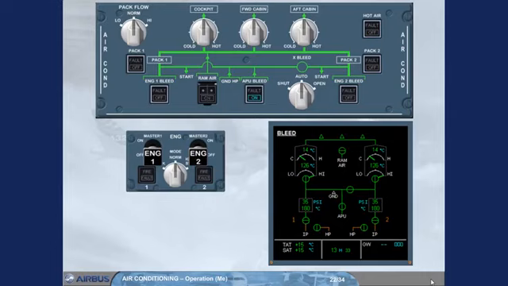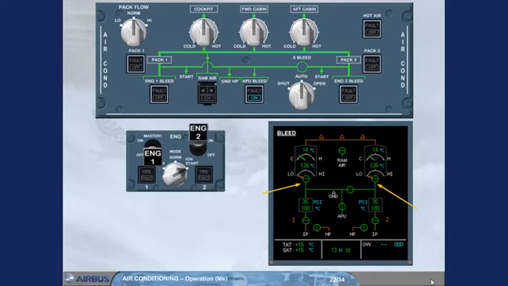As soon as the engine mode selector is set to ignition start, the pack valves close. This is so that all of the APU bleed air can be used to start the engines. Note: if it takes more than 30 seconds to set the engine master switch to on, the pack valves reopen. They will close again when the engine master switch is set to on.